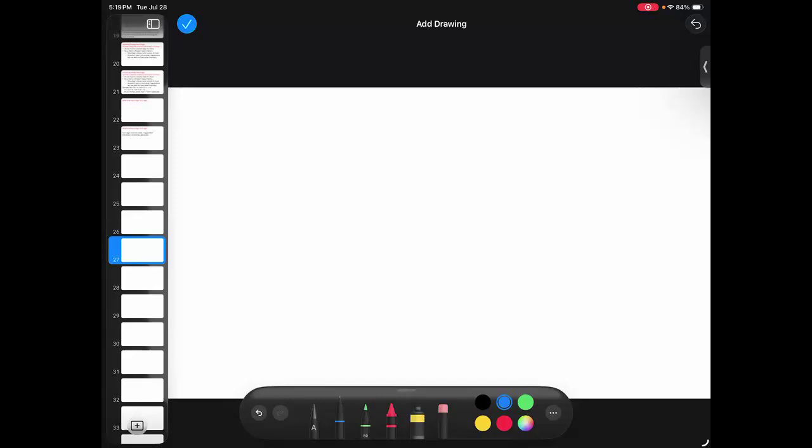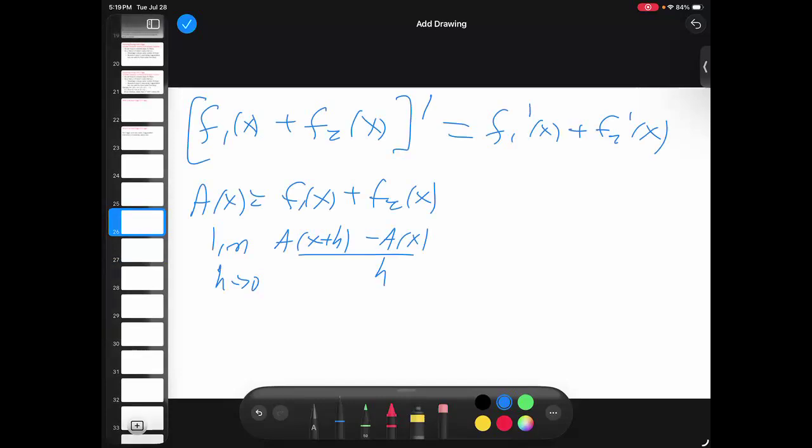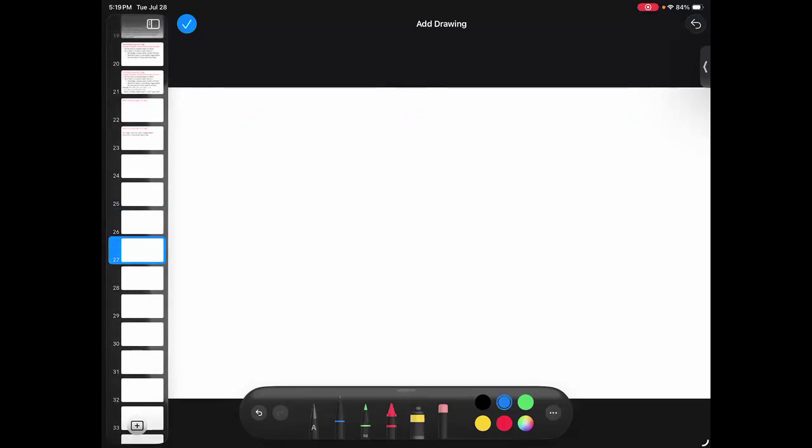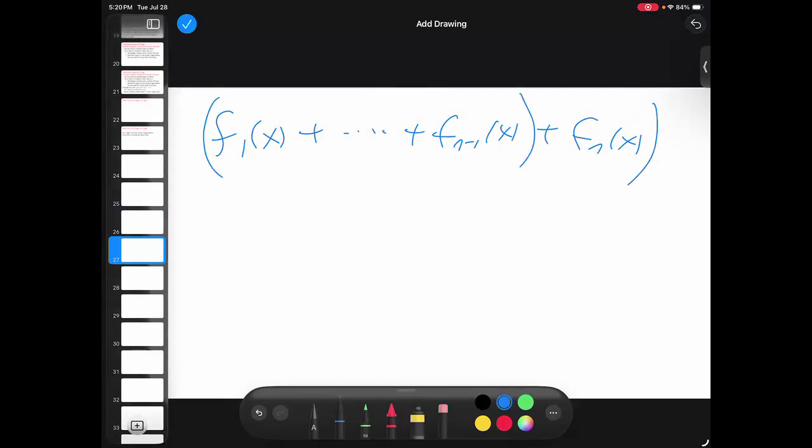How would you prove it? You could use induction, and this is grouping. If you have f1(x) plus and so on, plus f_{n-1}(x) plus f_n(x), I can group all of these together except the last, and now I have a sum of two terms. Now I can use my result that the derivative of a sum of two terms is the sum of the two derivatives.